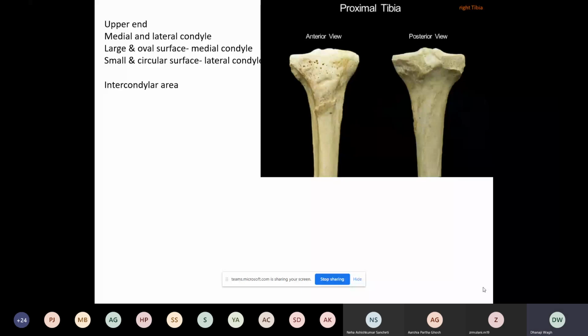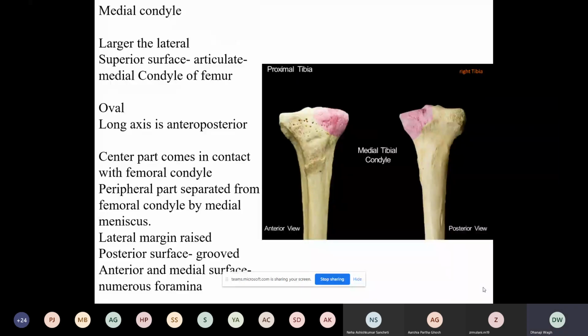A tuberosity is also present. The medial condyle has a large superior surface that articulates with the medial condyle of the femur. The shape of the medial condyle is oval, with its long axis anteroposterior. The central part comes in contact with the femoral condyle, and the peripheral part is separated from the femoral condyle by the medial meniscus.